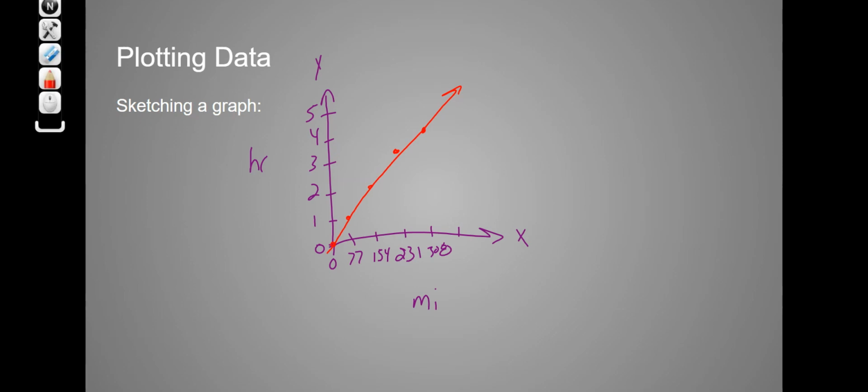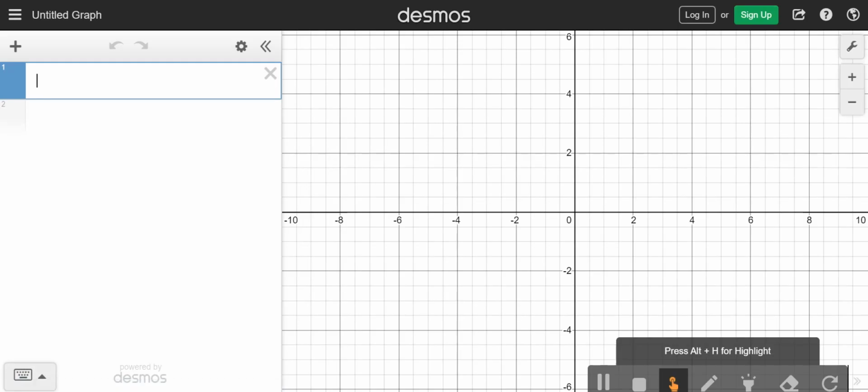So let's compare our sketch with an actual graph generated by the Desmos online graphing calculator. When we use this app, we're going to press this plus button here, and we're going to change this to table.